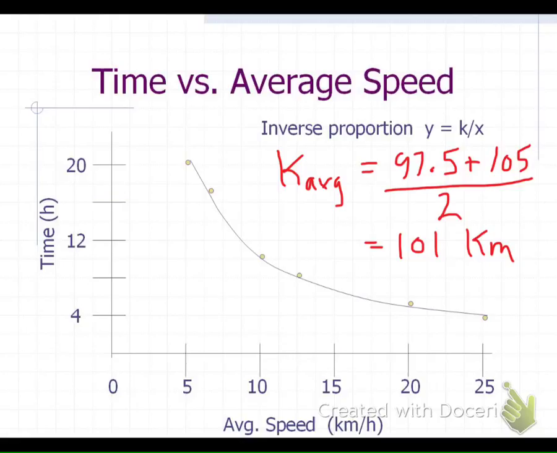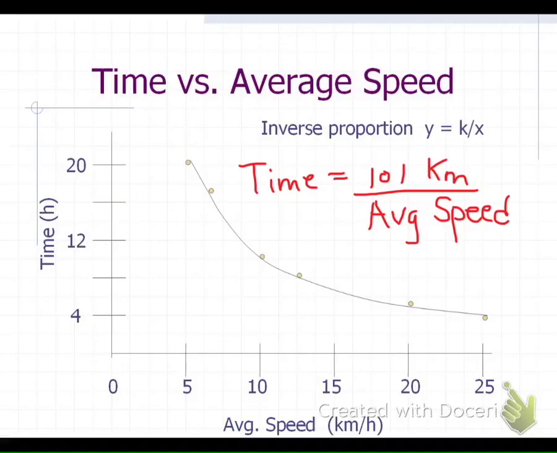My equation now would be time, substituting our y, k, the 101 kilometers we found, and instead of writing x, we put the variable found on the x-axis. So our final equation for this graph would be as shown.